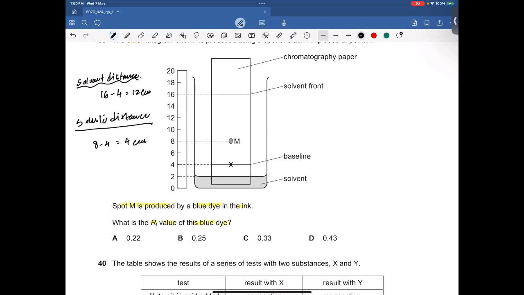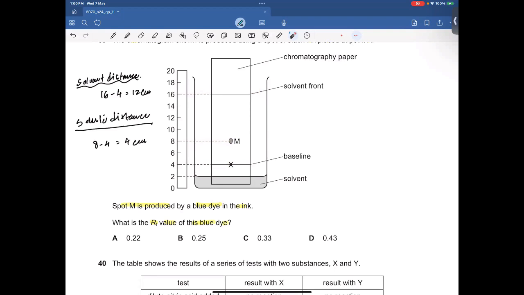Am I right? This is 16 and this is 4. So 16 minus 4 is basically 12. This is 8 and this is 4. So 8 minus 4 is basically 4 cm.